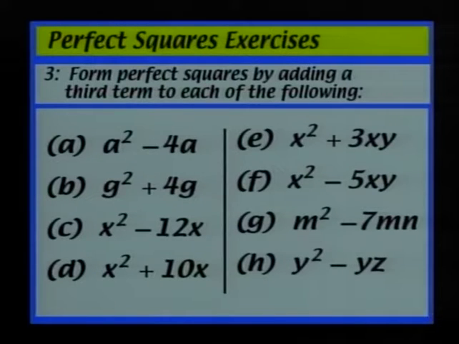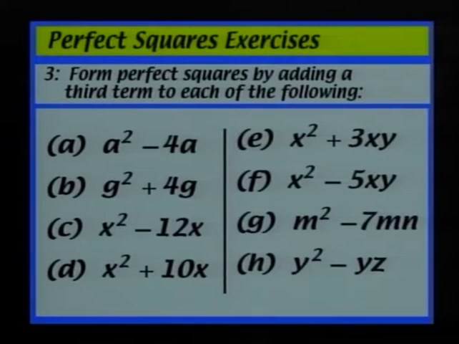Okay, Esther. You are going to add a number to A squared minus 4A, which will make the expression a perfect square. A squared minus 4A plus 4.